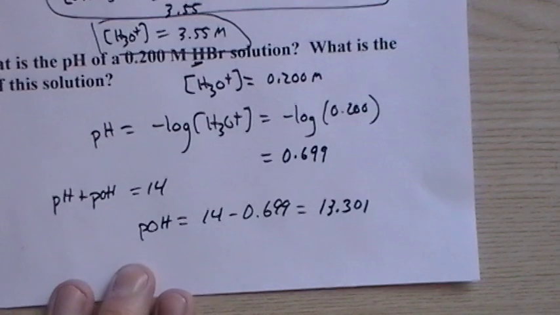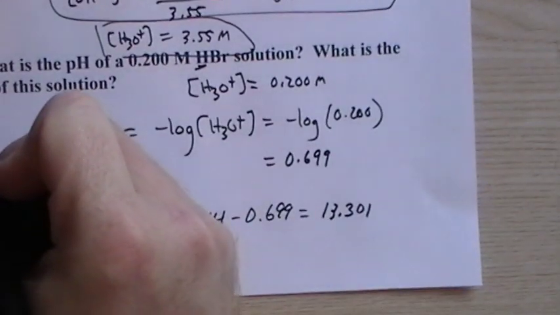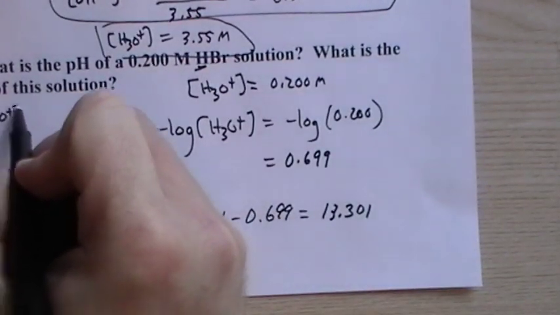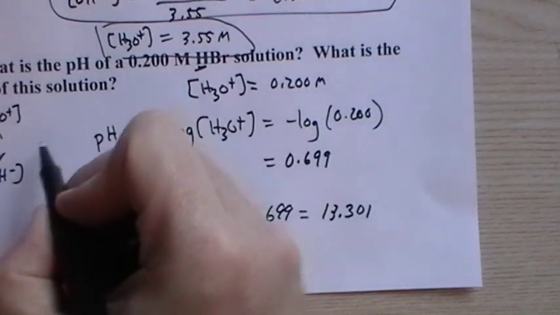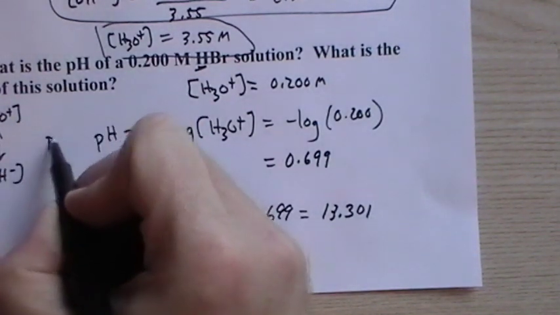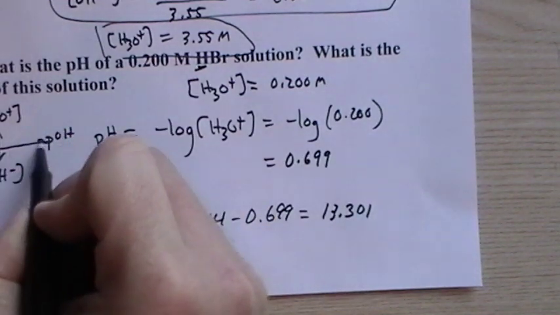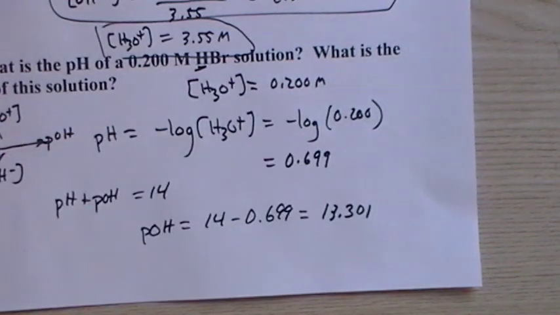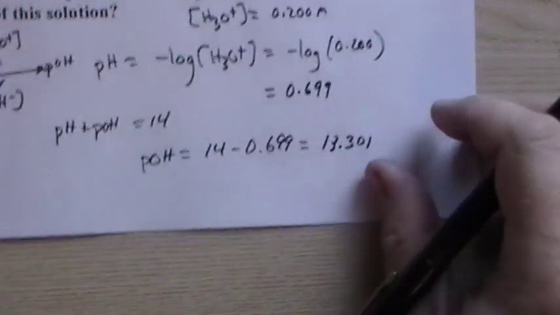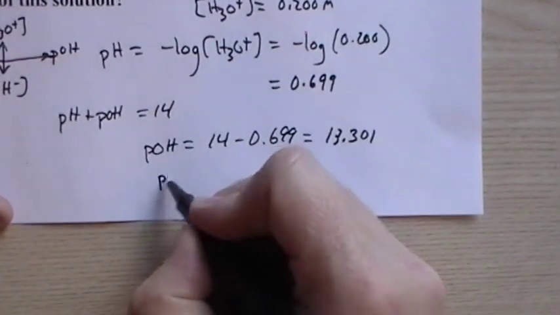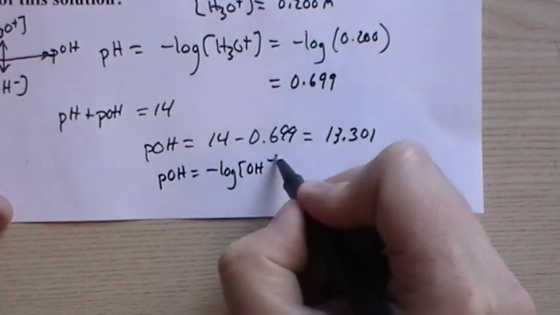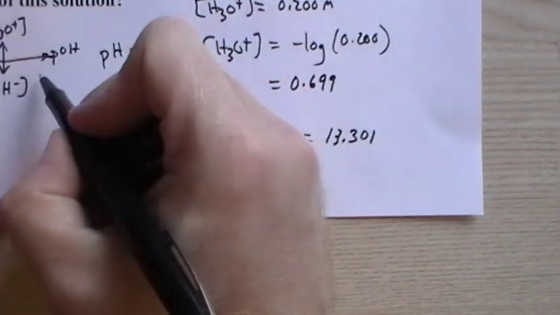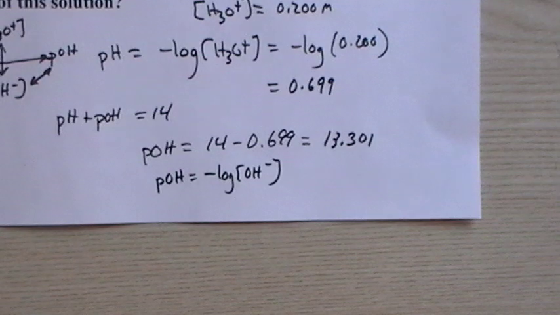And so now we have H3O+, we have OH minus, and we can convert between those. We have pH and pOH, should be able to convert between those, and we know we can convert between these two as well. And pOH is equal to the negative log of OH minus. So that allows us to do this conversion.